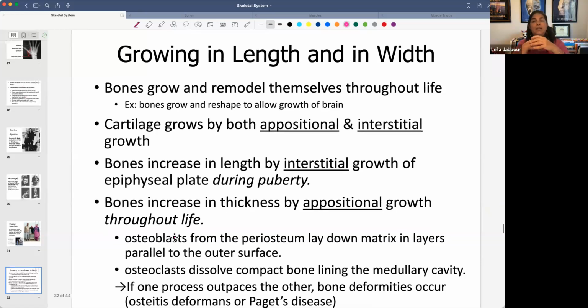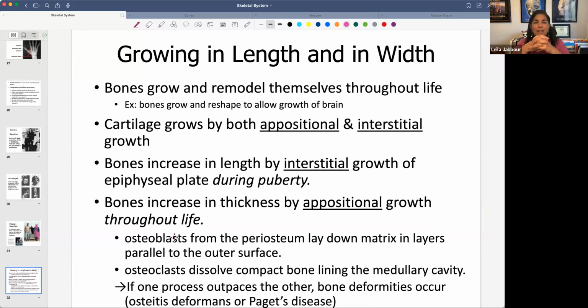So growing in length and in width are the ways of bone growth. And we talked about bone growth during childhood and puberty. That's bone growth in length by endochondral ossification, right? This is what I just covered. But bones really grow and remodel themselves throughout life.